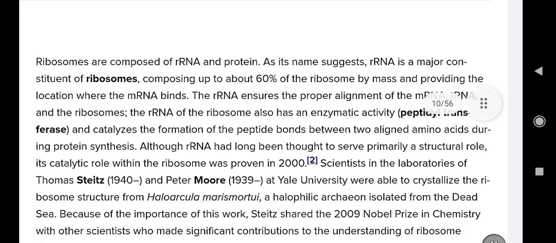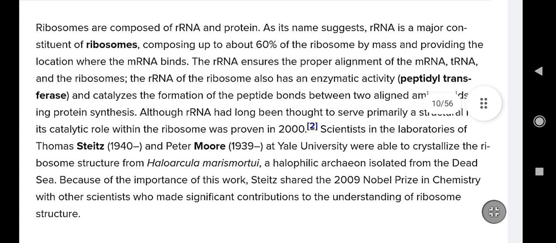So these rRNA of the ribosome have an enzymatic activity, the peptidyl transferase activity. They catalyze the formation of peptide bonds between two aligned amino acids carried by the tRNA during protein synthesis.